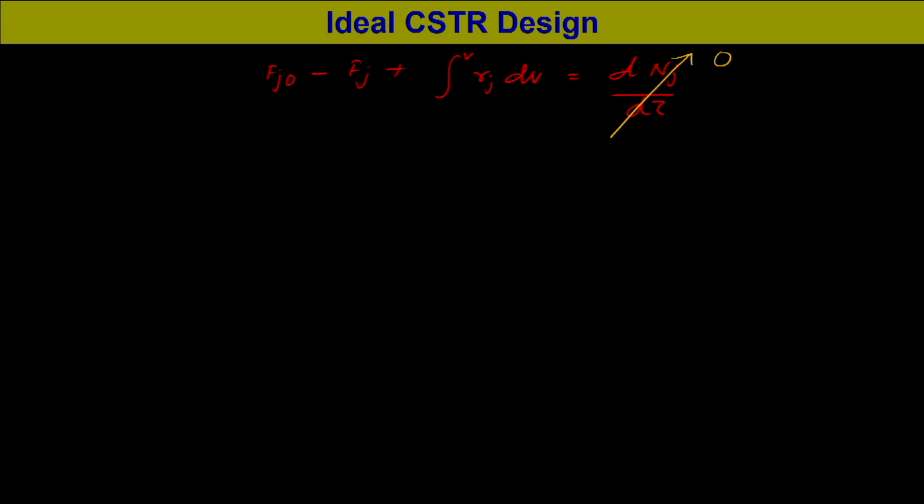So, we can write F j naught minus F j plus V R j is equal to 0, and if we rearrange we will get V is equal to F j naught minus F j divided by R j.